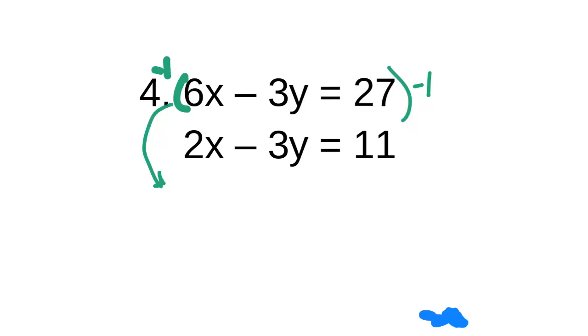So if I do that, I'm going to rewrite it below, and I was focused on the Y's, okay? So right now they are both exactly the same. When I multiply by -1, it's going to change each of those terms' signs. So negative 1 times 6x is negative 6x. Negative 1 times negative 3 is positive 3y. And negative 1 times 27 is negative 27.